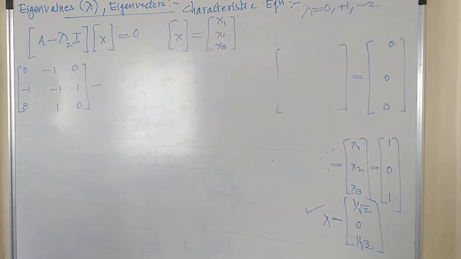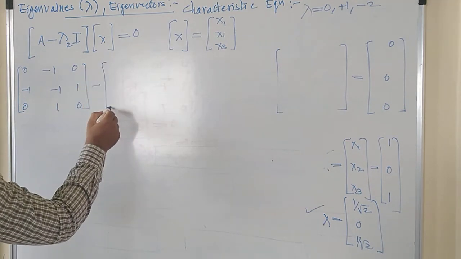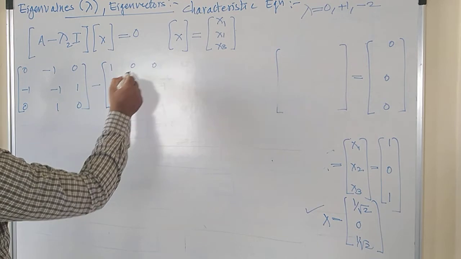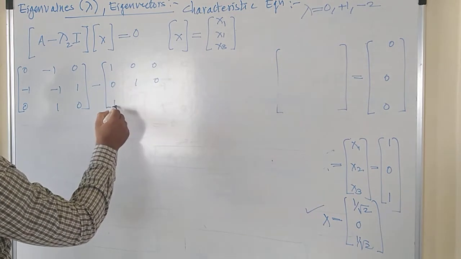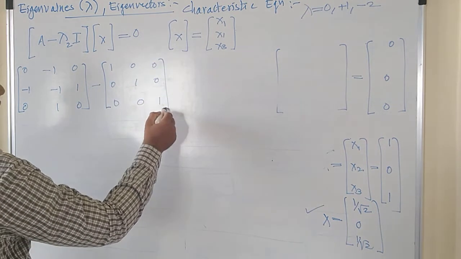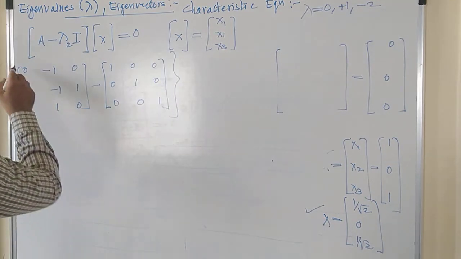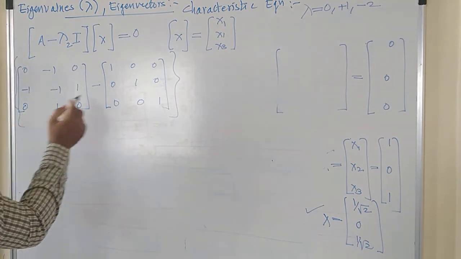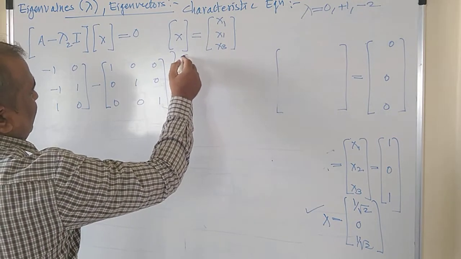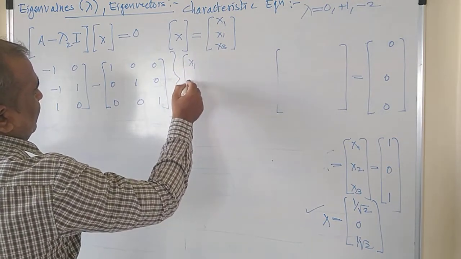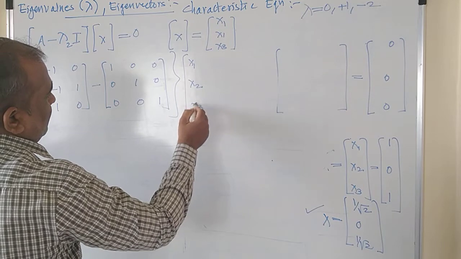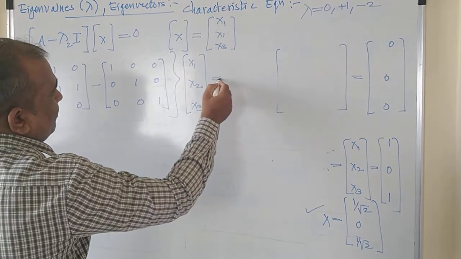Lambda 2 is 1, that means identity matrix itself: 1, 0, 0, 0, 1, 0, 0, 0, 1. And into, let me make the curly bracket to it, because the x is multiplied to this one. So this is x1, x2, x3 equals to 0.